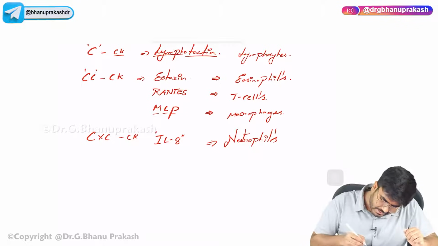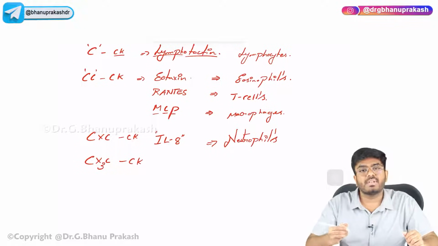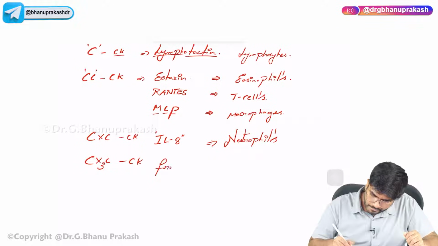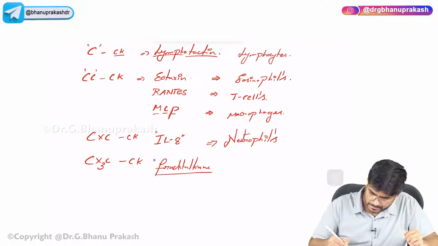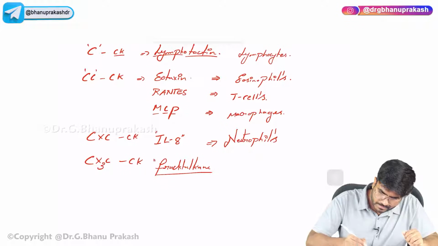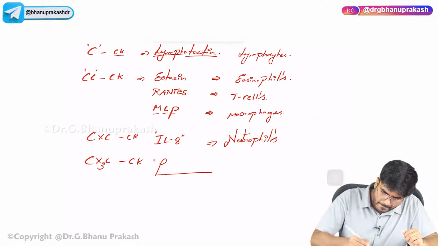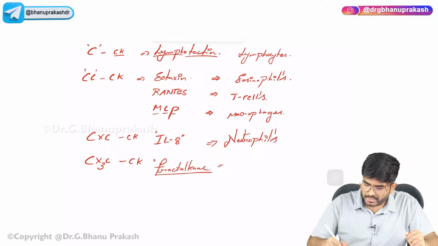And the last type is CX3C type of chemokines. Example is fractalkine. Okay, fractalkine. It is going to call T cells and macrophages.